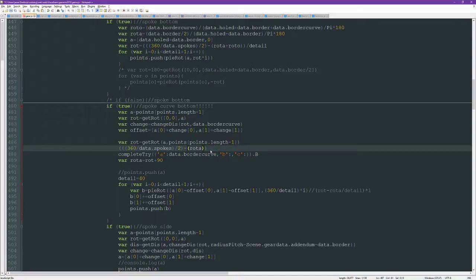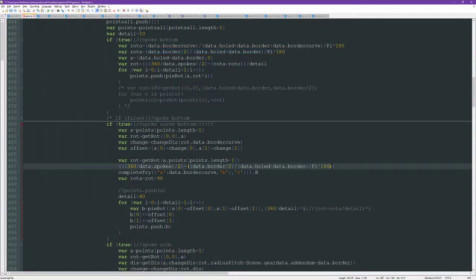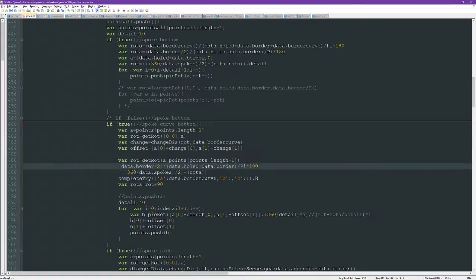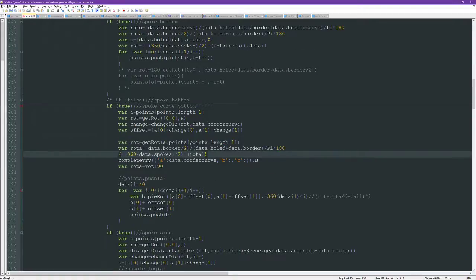With no rotation. And then rot A. Let's have this rot A. Rot A is equal to that, that is that. And we're not worrying about dividing by details, so let's just say rot A is now equal to that.